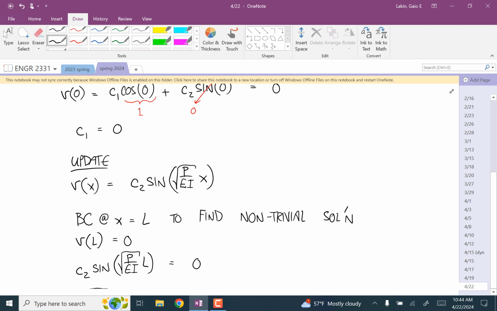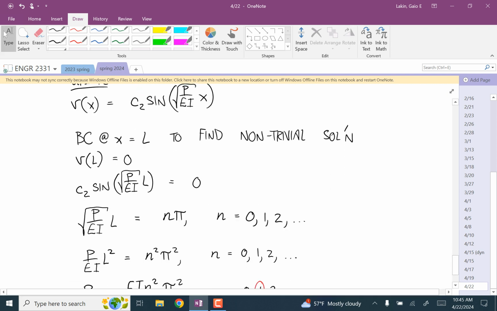If you measured that amplitude, that would give you the C2. But since all we're worried about is at what P value you have to start worrying about this thing buckling, collapsing, we don't care about that. But it has the physical meaning of just the amplitude of the curve of the deflection.